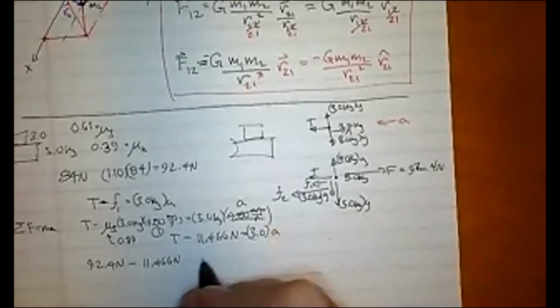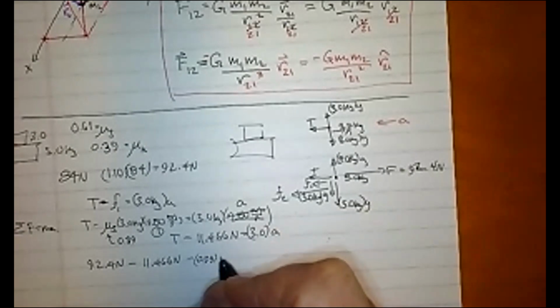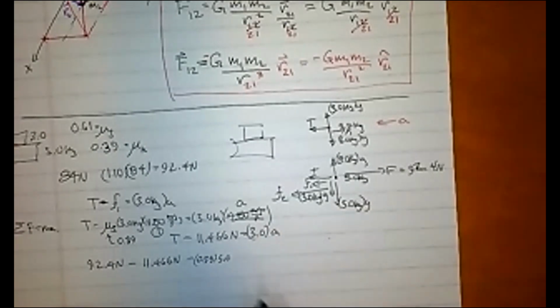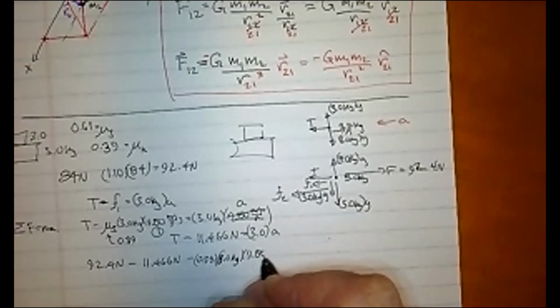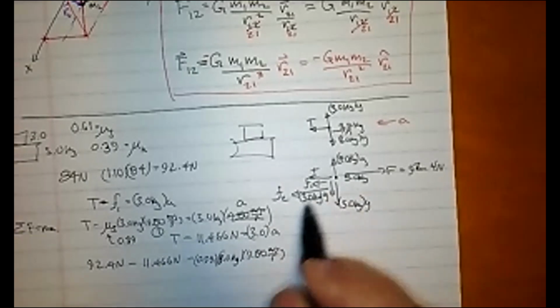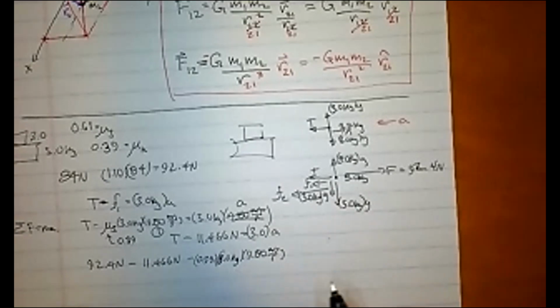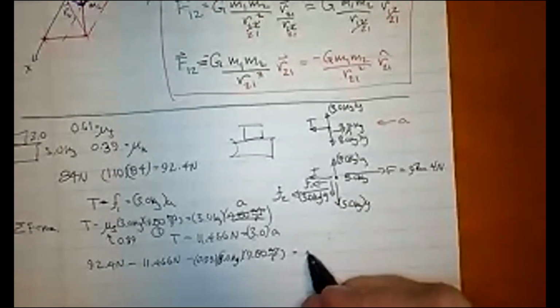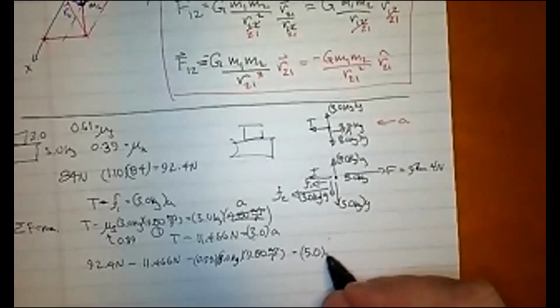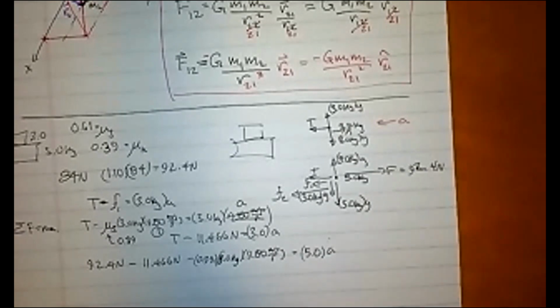And then I have minus F2, which is 0.39 times 8.0 kilograms times 9.80 meters per second squared. So that's the F2 there. And that should be all the horizontal forces acting. And that's got to equal 5.0 times the same A that we got in the other one.